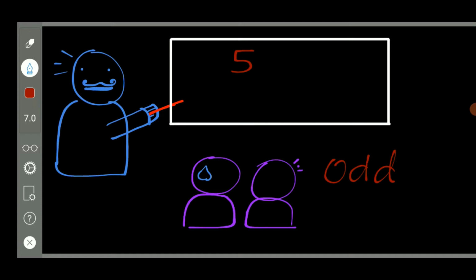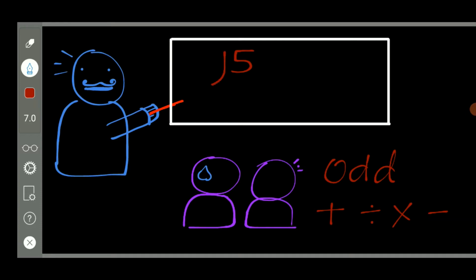But let's travel back to elementary school where you are still aware of multiplication, division, subtraction, and addition. You don't know what is even and what is odd. So how will your teacher explain it to you?